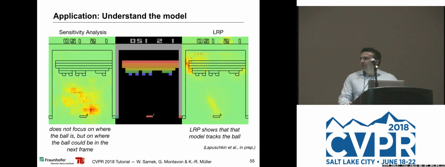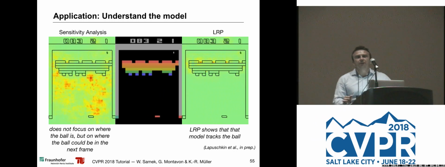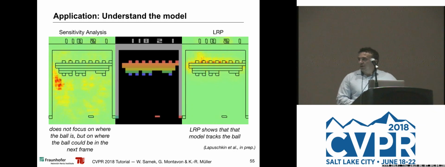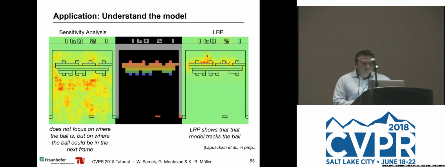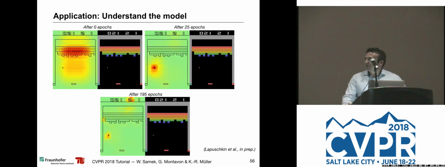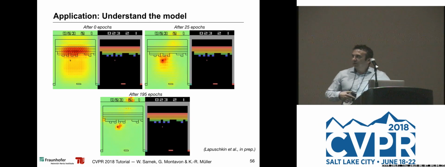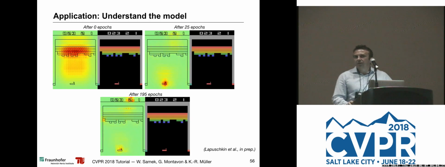But by looking at these videos, I will show you that you can also learn something about the model, in the sense that you can compare different models after different training iterations. So you can compare the model after 0 epochs, the initial model.